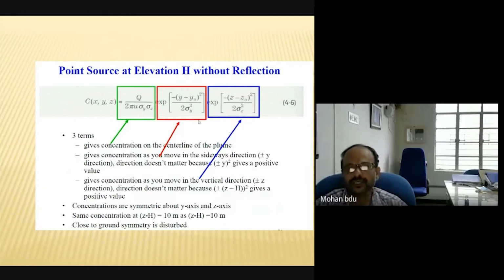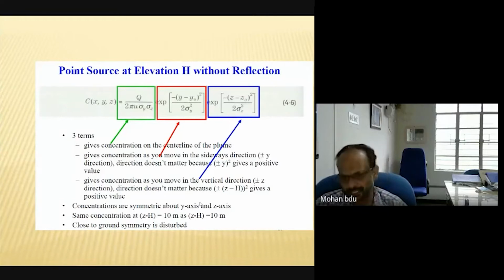So sigma y and sigma z, the coefficients, are actually arrived at based on the diffusion parameters, which are available in all the air pollution textbooks.